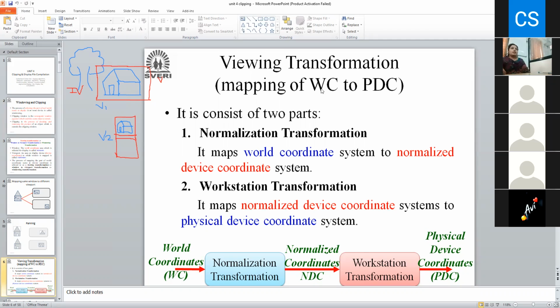So it has two parts. First, from the world coordinate system, it is converted into normalized coordinates. And from normalized coordinates, it is converted into the physical device coordinates. So it has the normalization transformation and the workstation transformation.